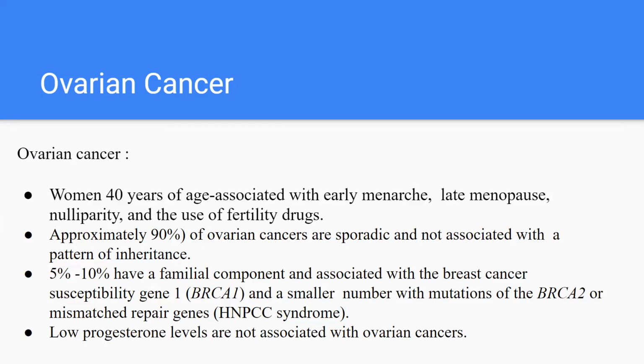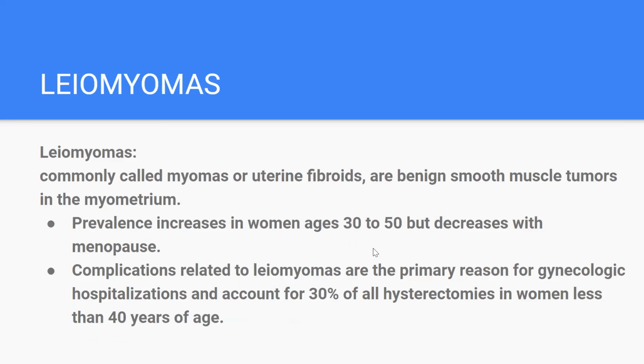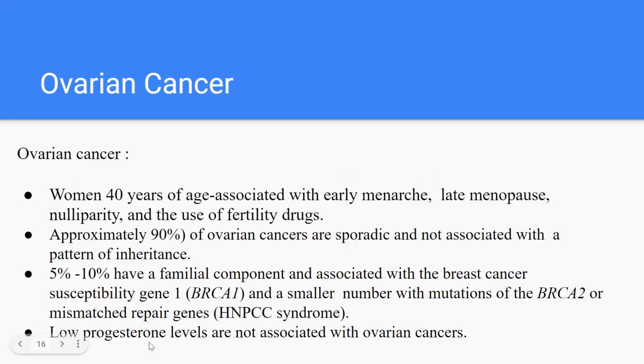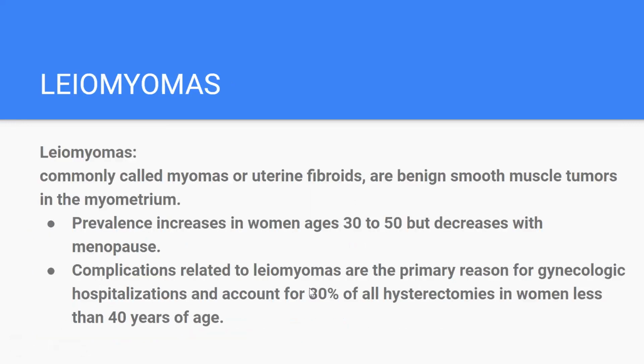They also have low progesterone levels, which are not usually associated with ovarian cancer. That's one of the key words to remember. The low progesterone levels are not usually associated with ovarian cancer.